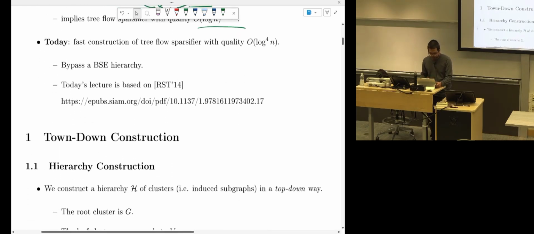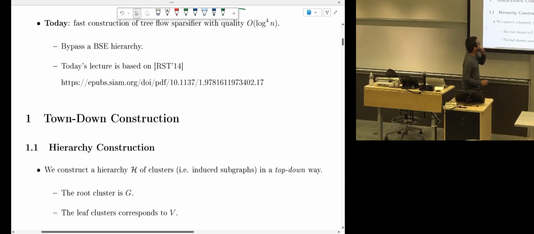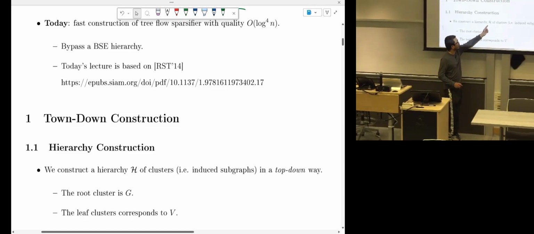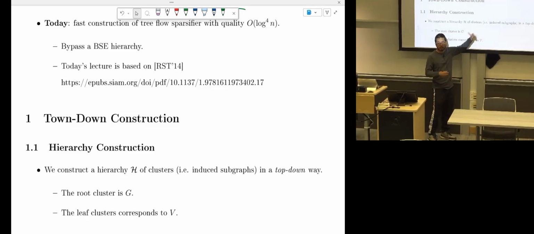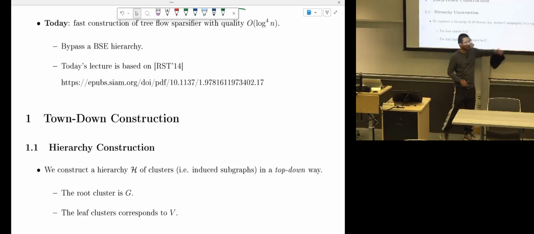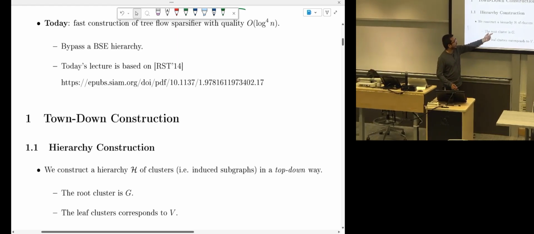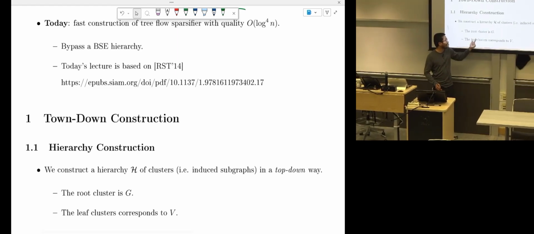Just to recall, we're gonna construct a hierarchy of clusters, which is like usual. A cluster is just an induced subgraph. The root cluster is just the whole graph. The leaf clusters correspond to the vertex set of the input graph, just like usual.